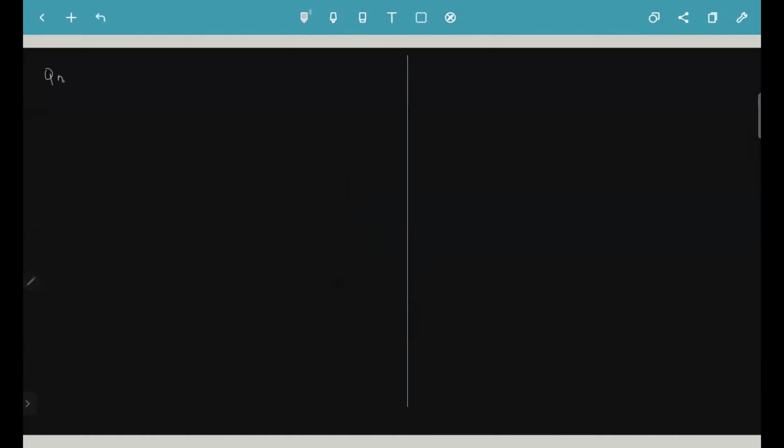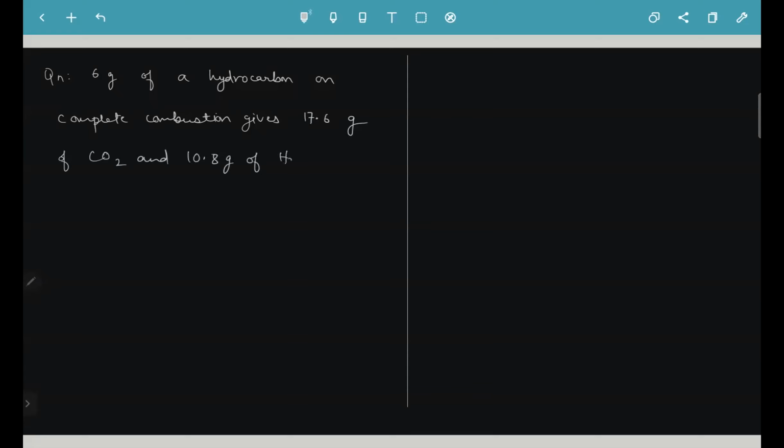Question: 6 grams of a hydrocarbon on complete combustion gives 17.6 grams of CO2 and 10.8 grams of H2O.